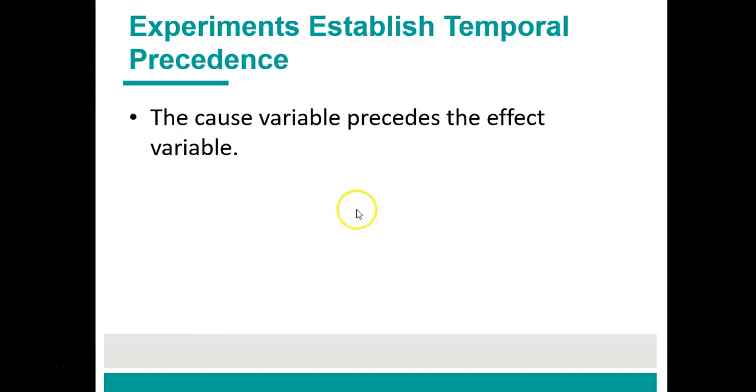So we know that the independent variable came before the dependent variable change. This is different than correlational studies, which we've talked about, where you're just measuring two things that have naturally occurred at some point in time, but you don't know which came first. So by first doing the manipulation and then doing the measurement, you know that the cause preceded the effect.